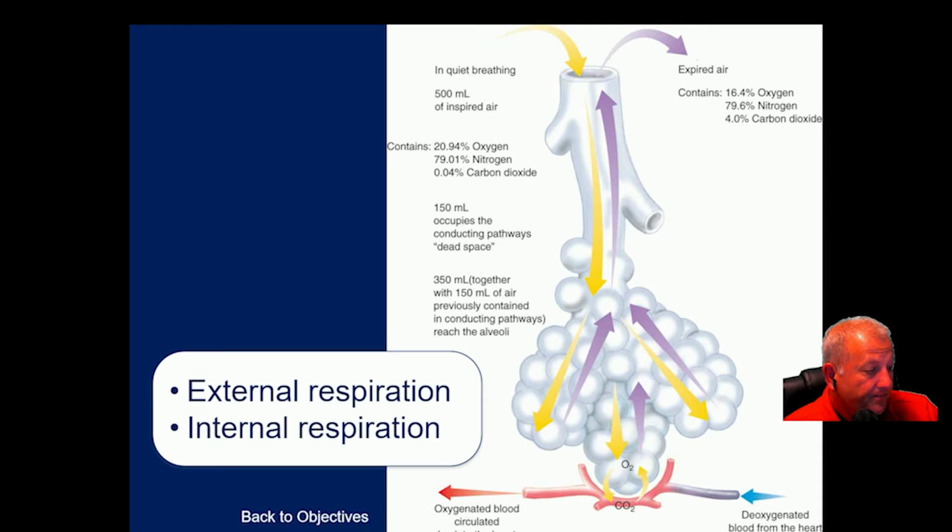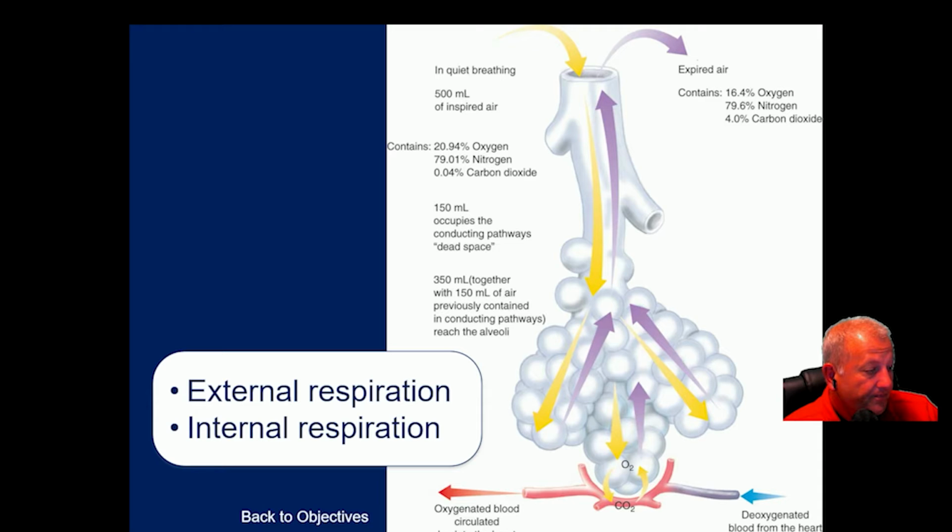Internal respiration is the gas exchange process that occurs between the cells and the systemic capillaries. So that's not pictured here. We'll get into that in a minute. But right here, what you're looking at is external respiration. Internal respiration, we'll look at that in a minute. That's when we're actually going to feed the cells of our body.